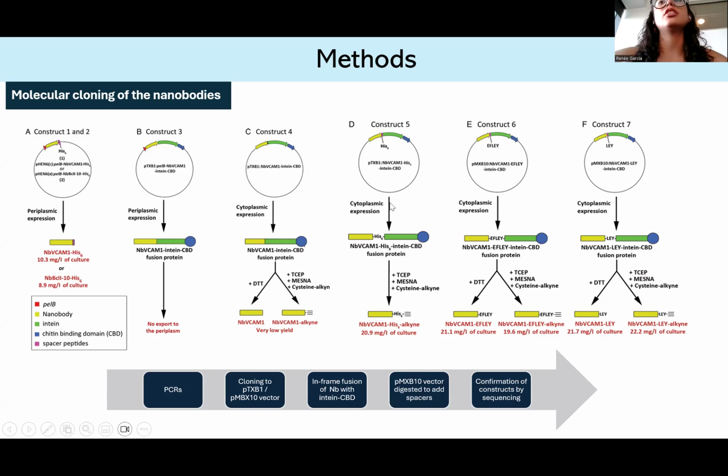Then the last 4 nanobodies are meant for cytoplasmic expression. And here is the control nanobody for cytoplasmic expression. In these last 3 are the different spacers that they add: the His6 tag, the Aplay, and the Lay.